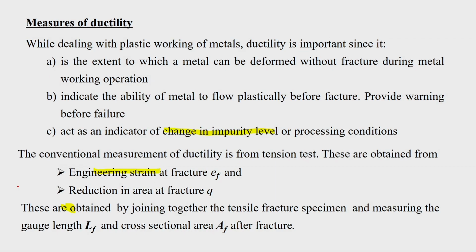Any of these criteria can be used, both having their own advantages and disadvantages. But remember, the engineering strain at fracture EF and the reduction in area at fracture Q are determined after fracture of a tensile sample: you join the pieces together and across a known distance see how much it deformed, and from that you will get this EF.